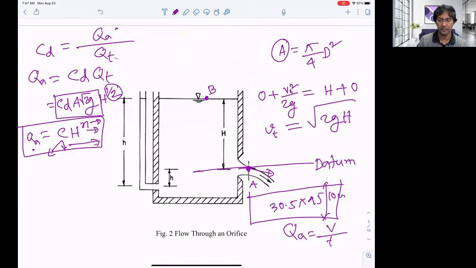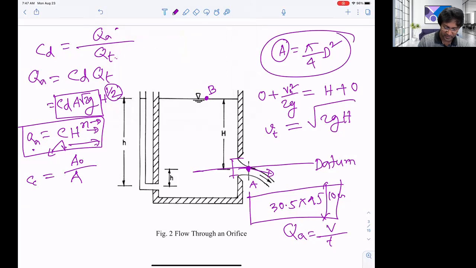To calibrate for velocity, there is another coefficient. Besides the coefficient of discharge, there is the coefficient of contraction, CC. It is basically A naught over A. What is A? A is the area of the opening. And what is A naught? A naught is the area at the vena contracta.